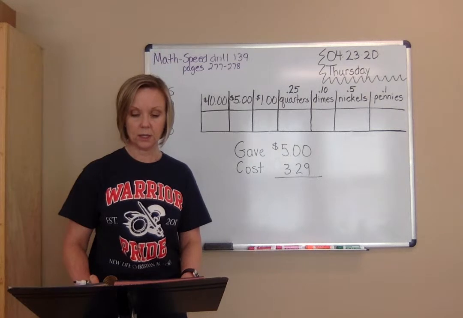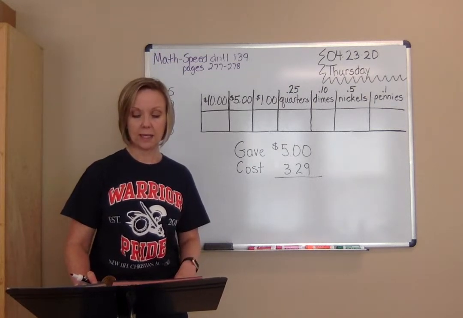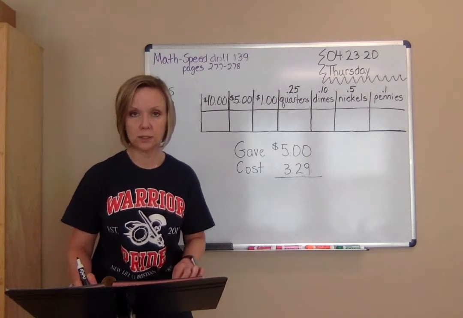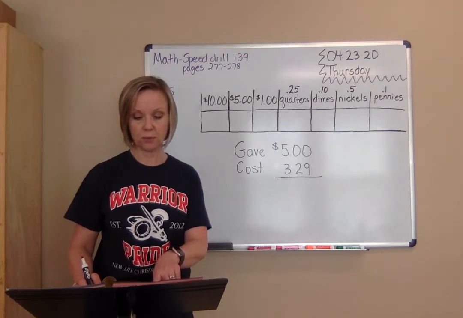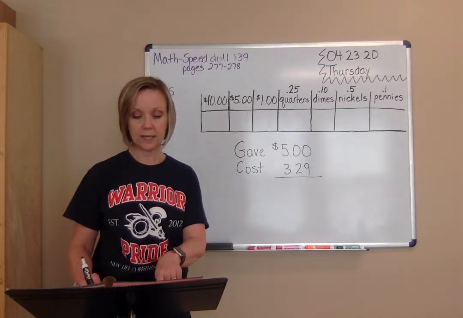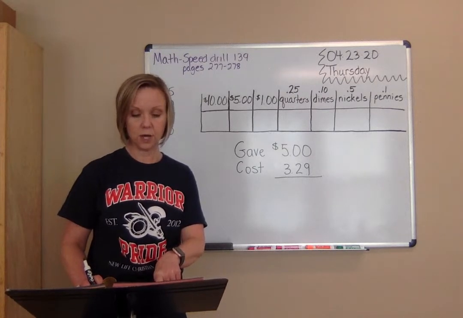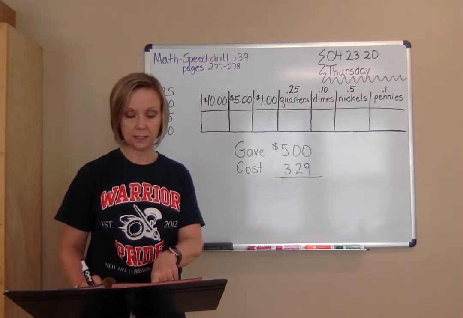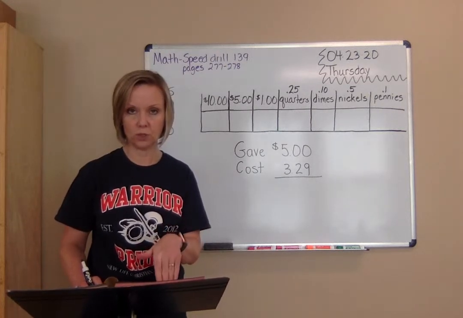Then under that it says write the number of bills and coins to make the amount using the fewest pieces of money. If you look at your example there, you can see that they gave $5, the cost was $3.29. The change is $1.71. We're going to go through that more in just a second.